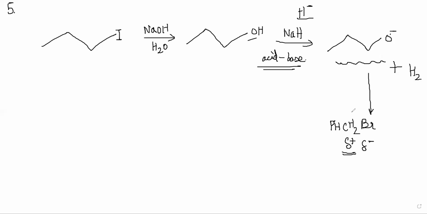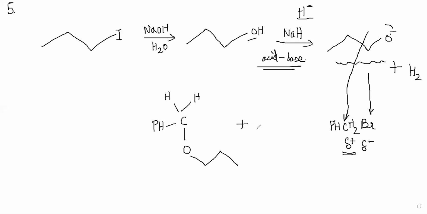On the C, basically O will come. So you'll get PhCH2O, and then after that the chain of carbons. And the Br is released, this lone pair has come and formed a bond with this. That's a typical nucleophile electrophile reaction.